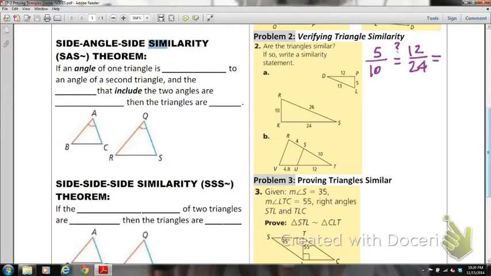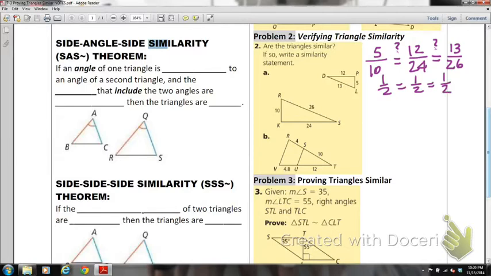And we have to see the third sides. Is that going to be equal to the proportion of the third sides, which is going to be the longest side in DPL is 13, and the longest side in SKR is 26. So we can see pretty easily by reducing these fractions that 1/2 is equal to 1/2 is equal to 1/2.